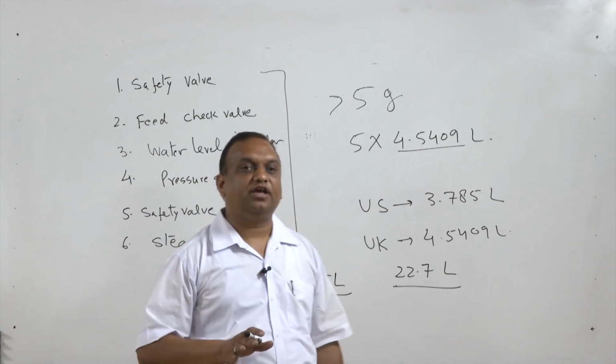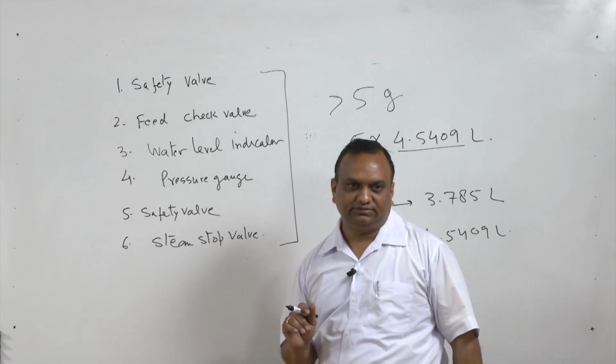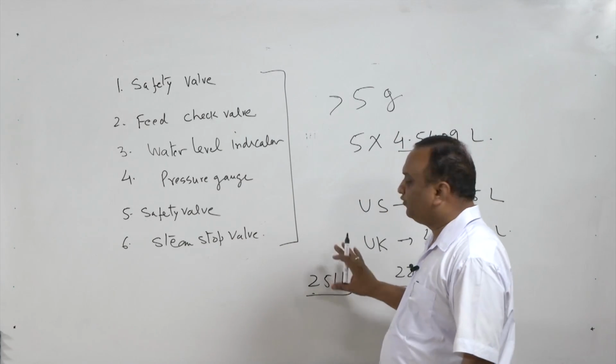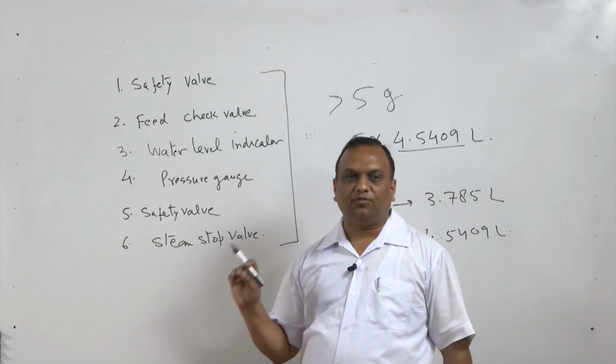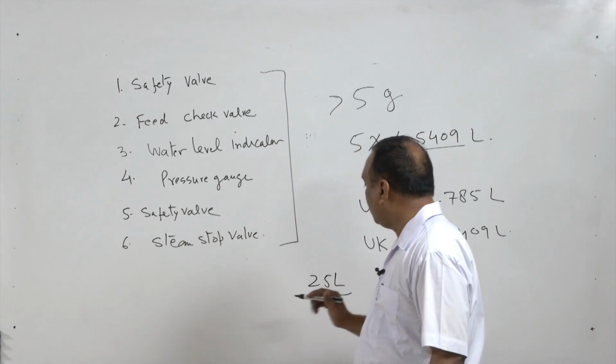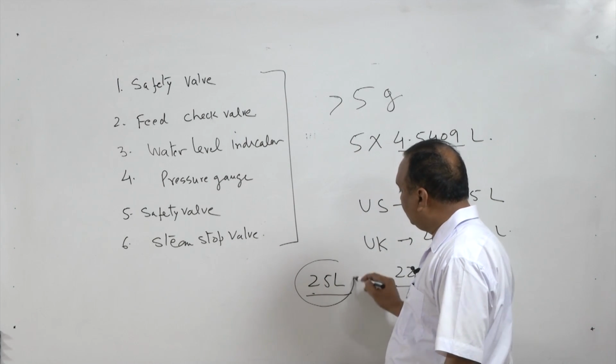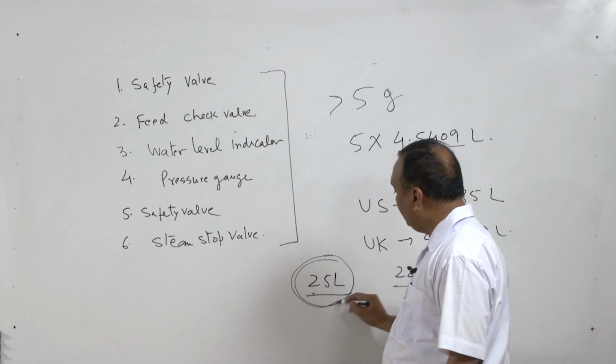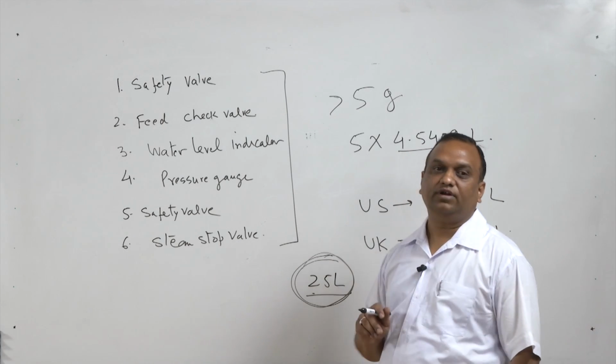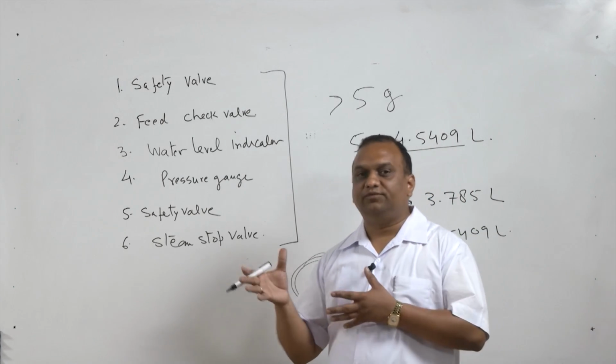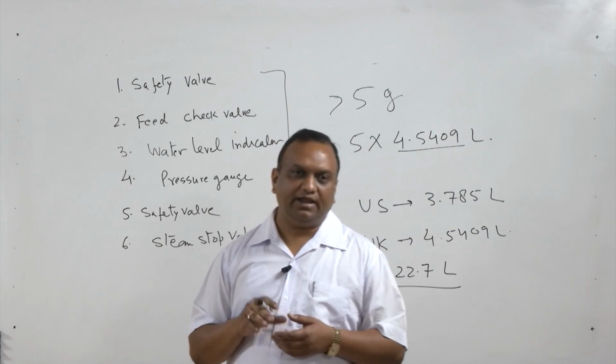These types of boilers are known as non-IBR boilers, right? For small applications, non-IBR boilers are preferred, where the volume of steam inside the boiler is less than 25 liters.